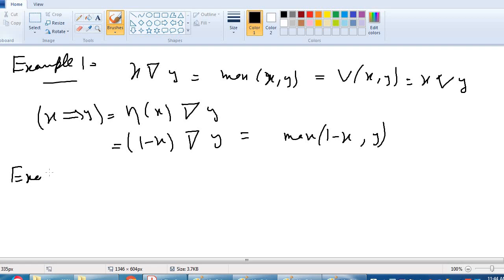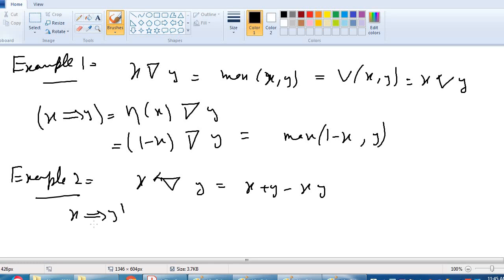Now we go for example 2. If we take x nabla y is equal to x plus y minus xy, then this nabla implication x to y is again eta of x nabla y.